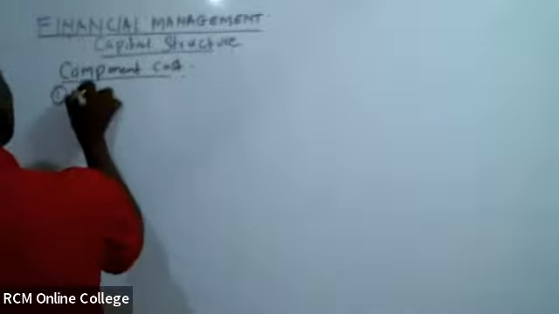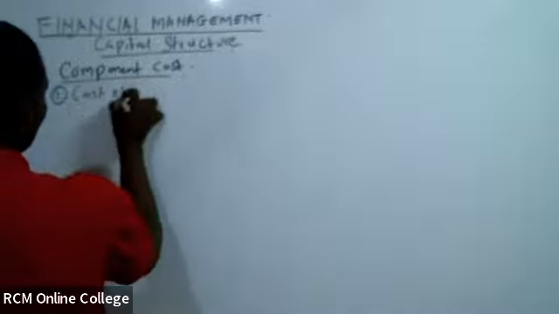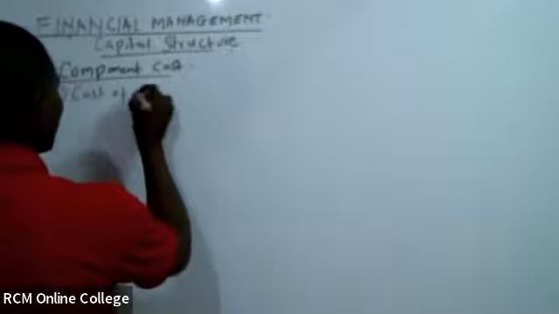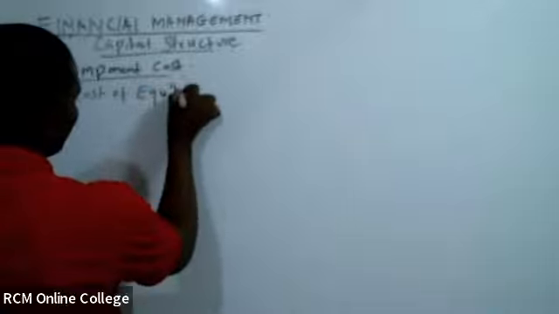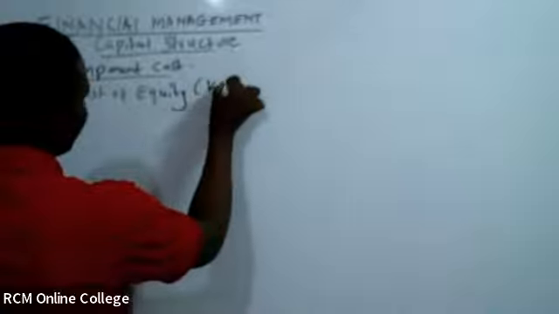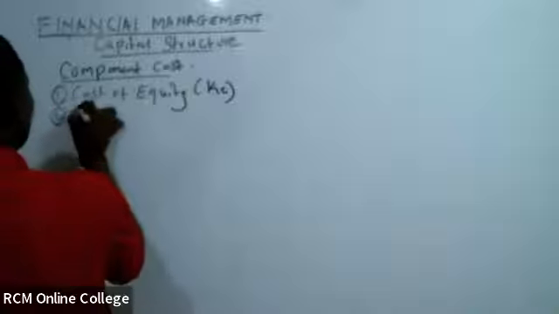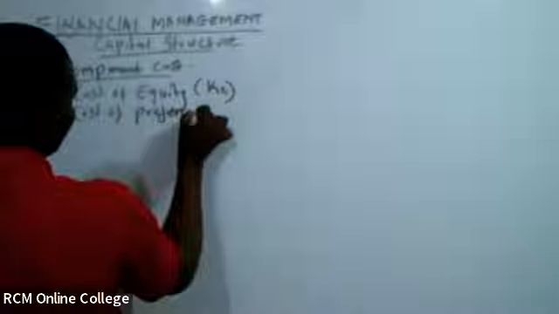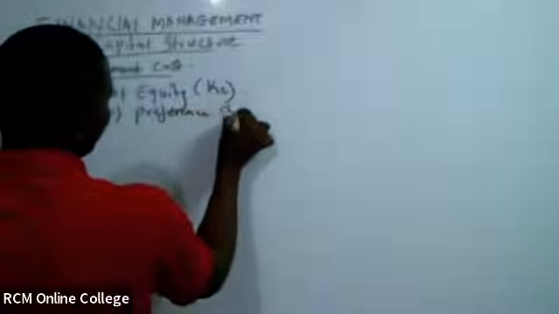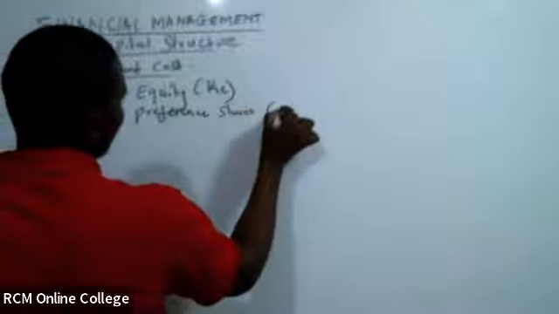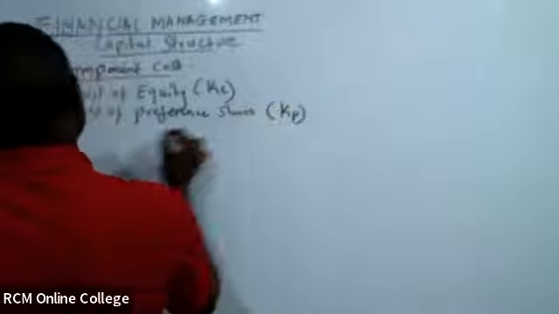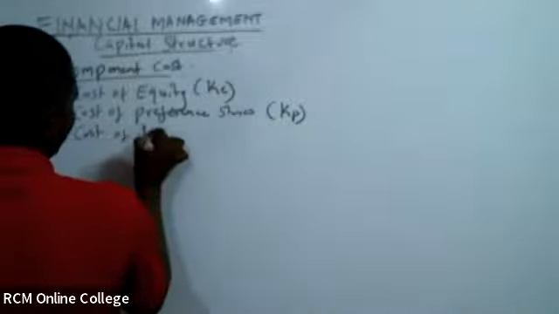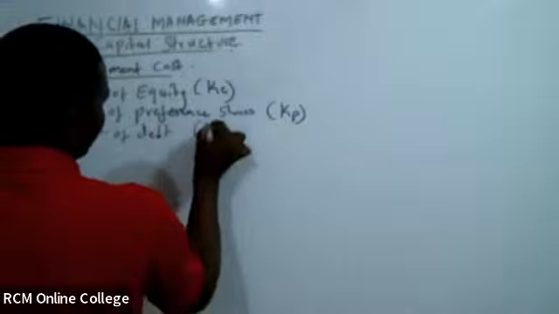So component cost, class, we have the first one as the cost of equity, which is symbolized as KE. Then we have number two, cost of preference share, symbolized as KP. Then we have number three, the cost of debt, which is symbolized as KD.